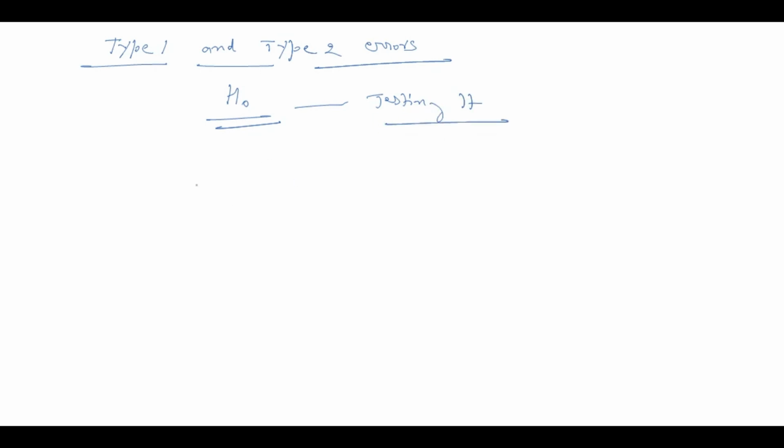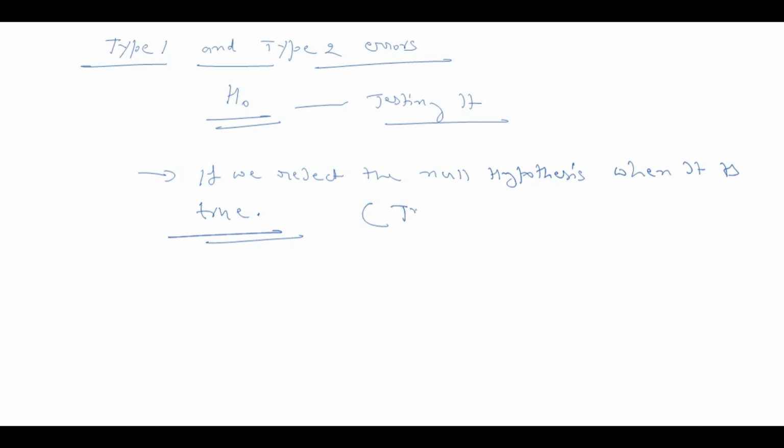If we reject the null hypothesis when it is true, the situation is referred to as type 1 error, right?